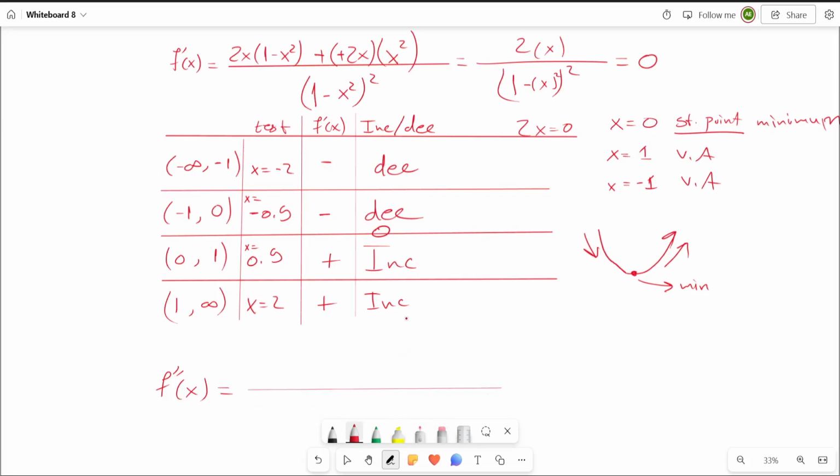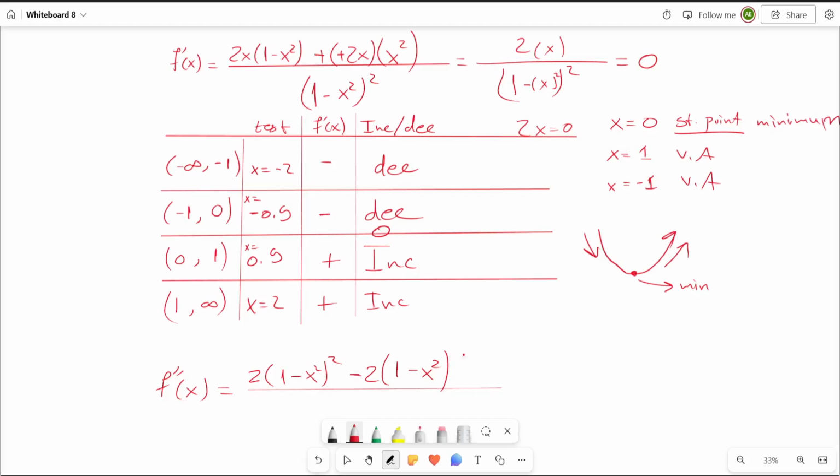I'm going to differentiate the numerator first, which gives me 2 times the denominator, which is 1 minus x squared all squared. And then I'm going to subtract the differentiation of the denominator, which is going to be power times coefficient. So it's 2 times 1, which is 2, into 1 minus x squared.